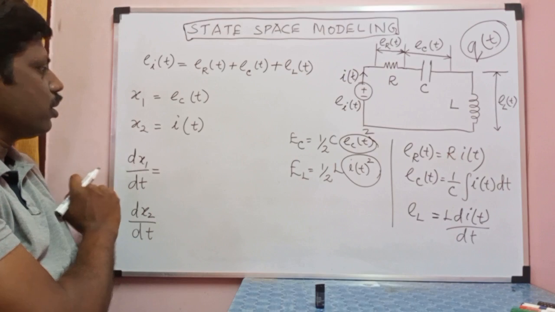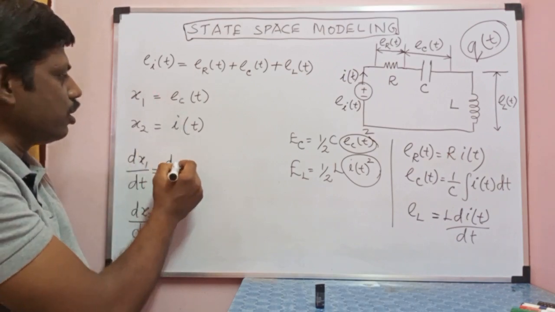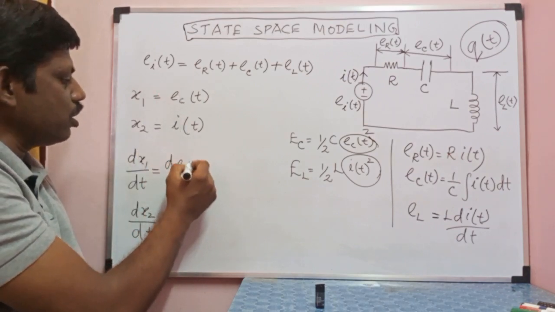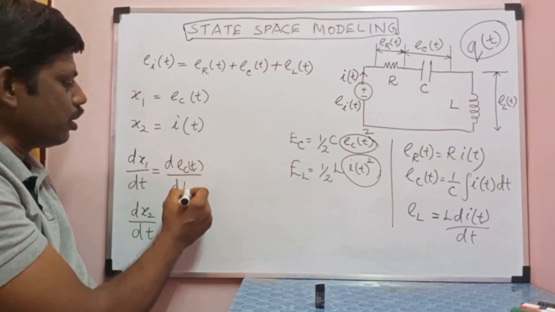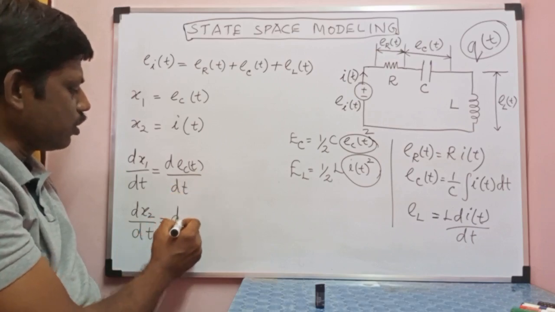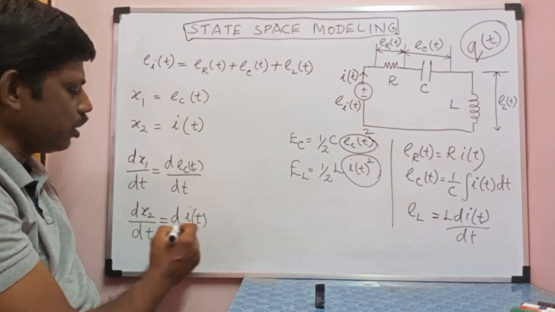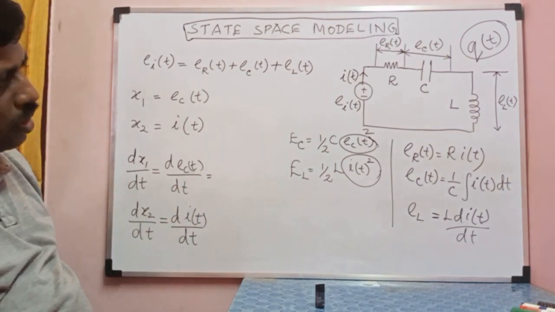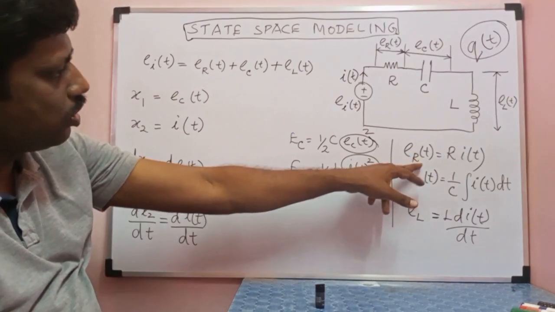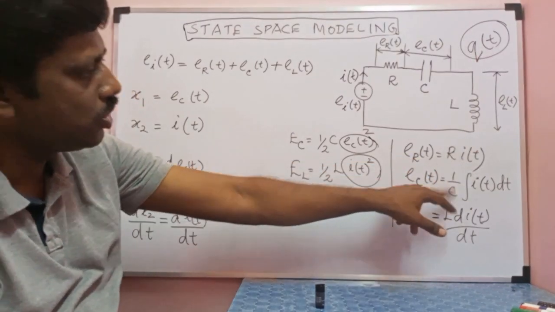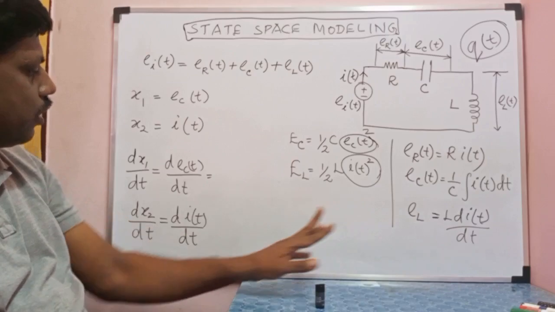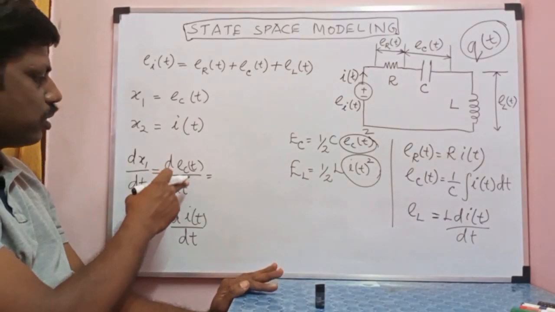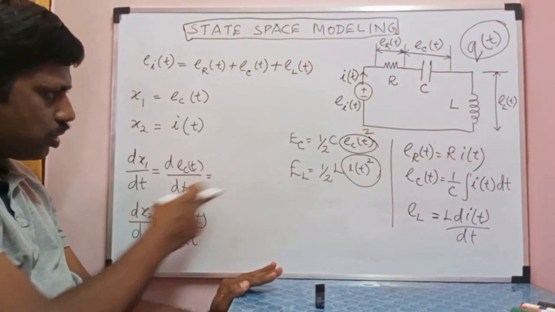The two state equations are dx1 by dt and dx2 by dt. What is dx1 by dt? That is dE_C of t by dt, and the other is dI of t by dt. E_R of t is R into I of t, and E_C of t is well known. Is there any possibility that I can get any of these state equations from this?